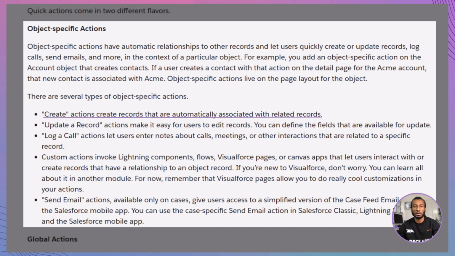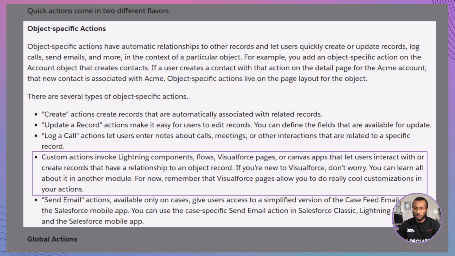Create actions. These allow users to create records that are automatically associated with related records, ensuring a seamless connection. Update record actions. These make it easy for users to edit records. You can specify which fields are available for updates, streamlining the editing process. Log a call actions. These enable users to record notes about calls, meetings, or other interactions related to a specific record, keeping everything documented.